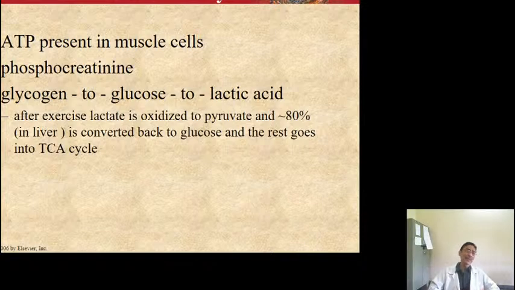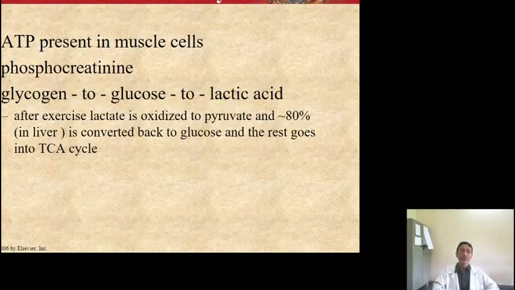This ATP may provide energy for a few seconds. Once that gets exhausted and the muscle activity continues, the next thing which can generate energy is phosphocreatine, which is broken down into phosphate and creatine, and this provides energy for a short period of time.